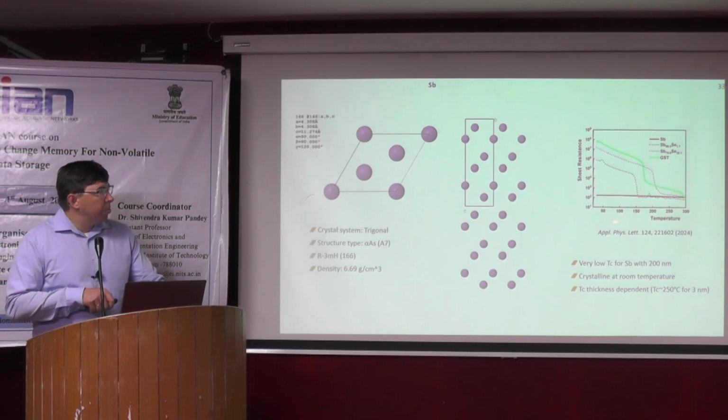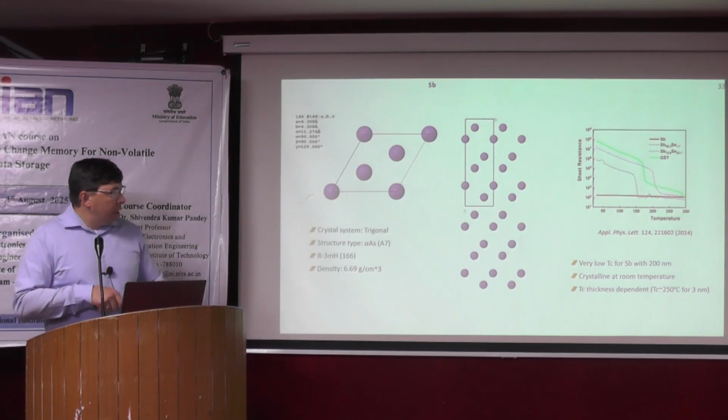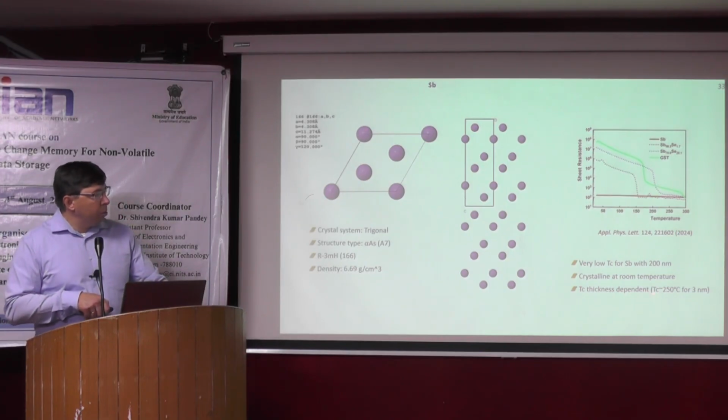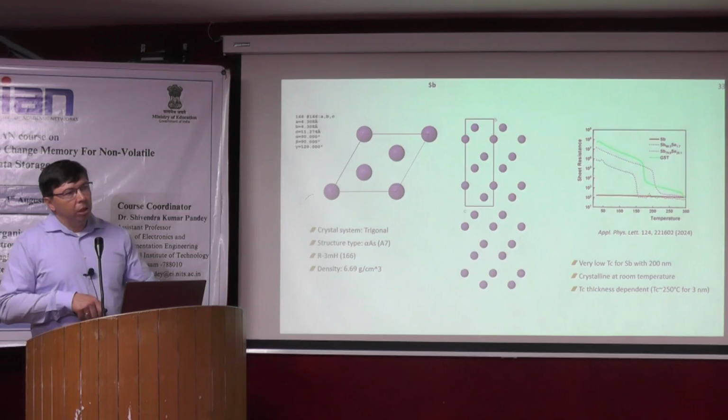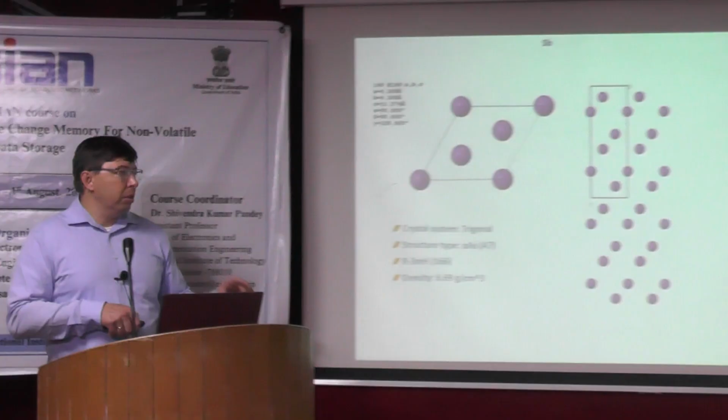Yeah, it was first published by Salinga. He did the research in the IBM group on this material, and he showed that if you go to a thickness of about 3 nanometers, you can increase the crystallization temperature. So you can still have this phase change, but this phase was also not so stable.